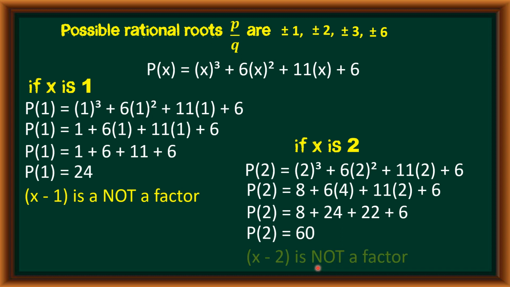Again, pagka hindi siya naging 0, it is not a factor. Ayan. So, 6 na lahat yung na-test natin. Lahat ng possible rational roots ay 8, diba? So, hindi na natin iti-test yung dalawa pang natitira, which is yung negative 6 ata, and yung isa yung 3. Okay? So, since nakuha na naman natin yung mga factors.